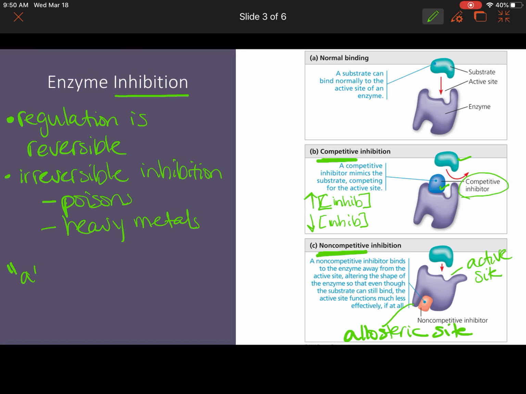And the prefix allo just means other. So there's another binding site on the enzyme. So in this case, the substrate and the inhibitor are not competing for the same binding site. If the inhibitor binds the allosteric site, it is going to cause the enzyme's shape to change.